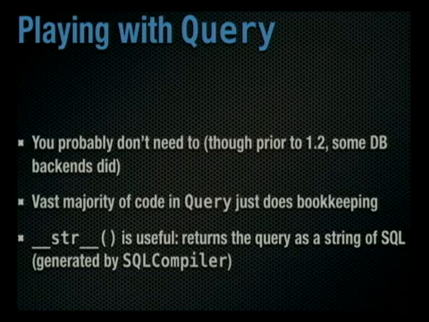Actually, when you ask for that representation, it's going to find out what its compiler is, grab the compiler, compile the query into SQL, and spit that back out. So if you have a query instance that you're playing with, ask for its string representation, and it will actually tell you what SQL it's going to end up executing on your database. Again, I wouldn't really play with it that much.